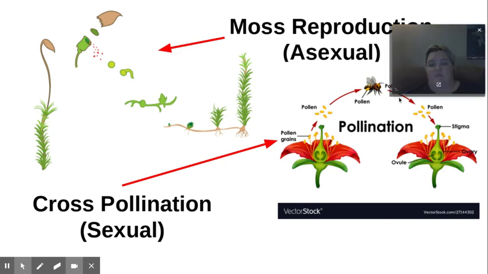It can be from, like with the bee here, other animals rubbing against the flower and then rubbing against another flower, depositing the pollen that way. Or it can be done in a lab or done in a greenhouse with humans as well. Okay, so this is sexual reproduction here. This is an example of cross pollination, which we're going to show here in just a minute in your notes. So basically, just take the pollen from one plant and it has to go over to the stigma of another plant. Okay.